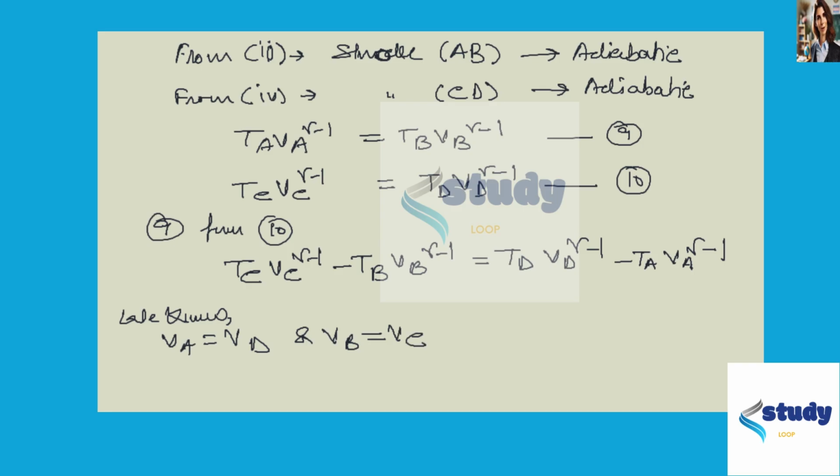So we can put these values in this equation to simplify it as TC VB^(rho minus 1) minus TB VB^(rho minus 1) is equal to TD VA^(rho minus 1) minus TA VA^(rho minus 1).